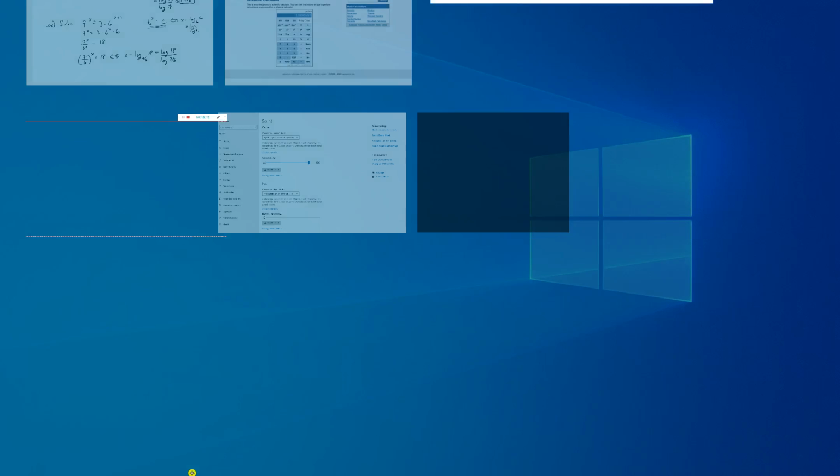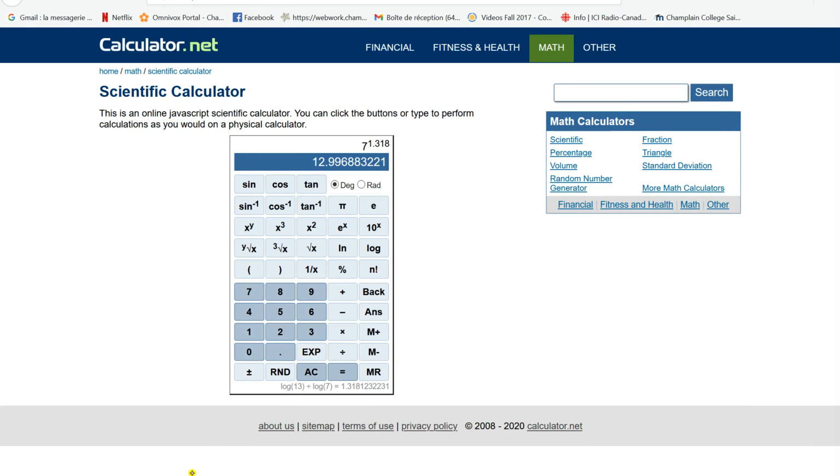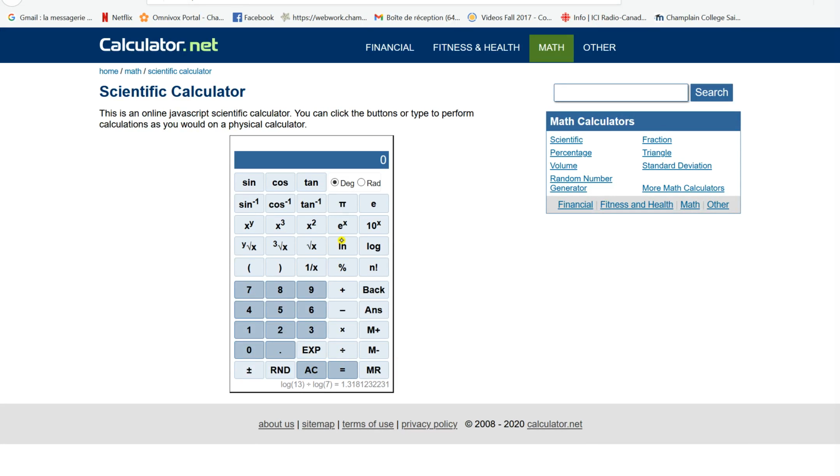Let's try that. So let's clear this. Log of 18 divided by log of 7 divided by 6.